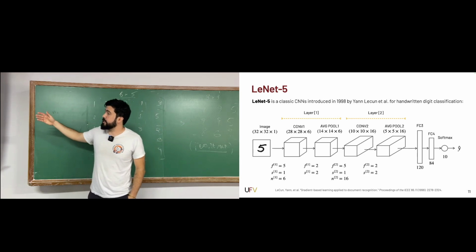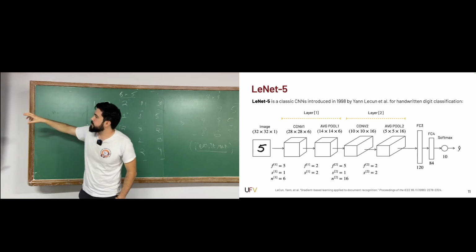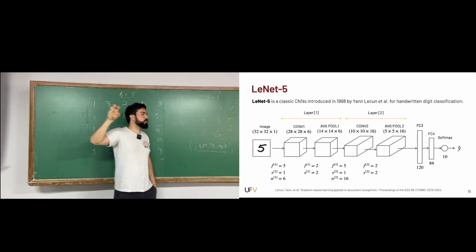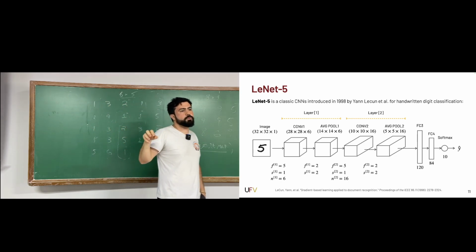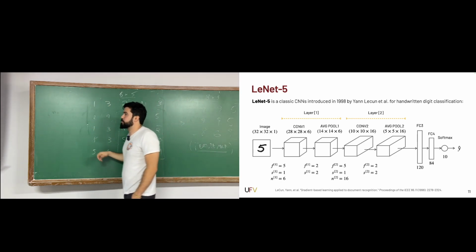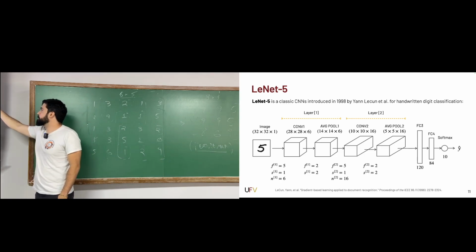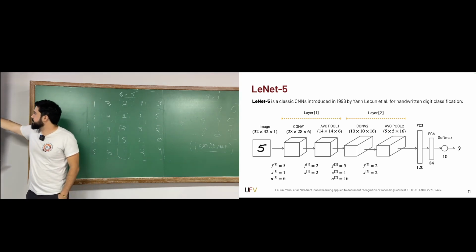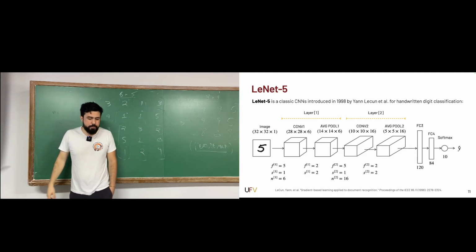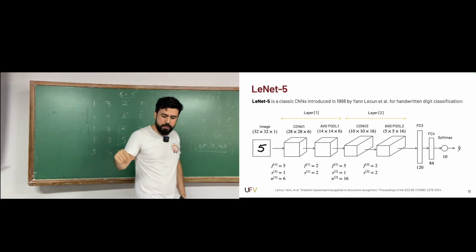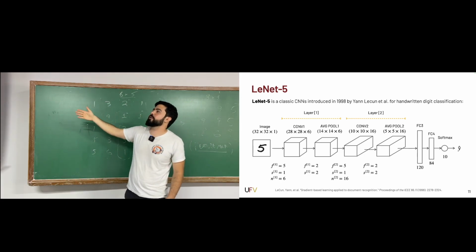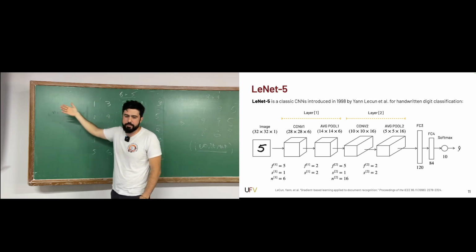And then at the very end, as I said, nowadays you would have this softmax neuron to do classification, which would have just an output of size 10 here, okay? This is not the size of the matrix, right? This is the size of the output, which is 10 because the task here is handwritten digit classification.